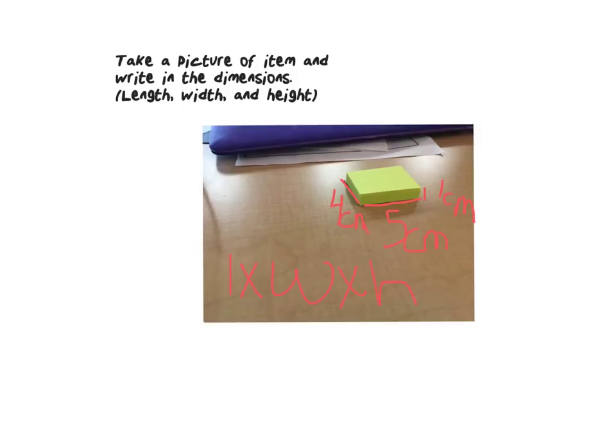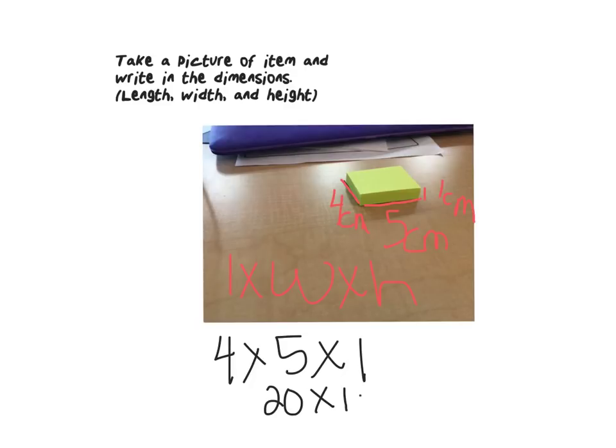We do this by length times width times height. So I'm going to plug my numbers in there and multiply. 4 times 5 is, times 1 is. It's kind of like you're making a video for someone else to show that you know how to do volume. Don't forget on your video that you're going to need to do the math, and you need to put your label on there. Don't forget the cubed.